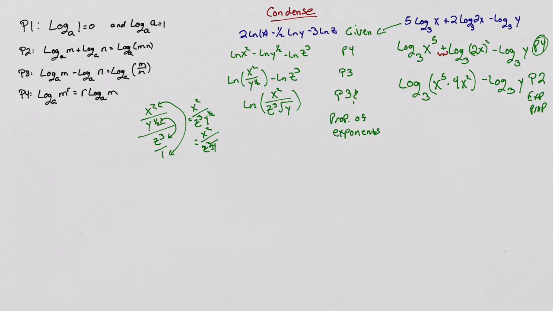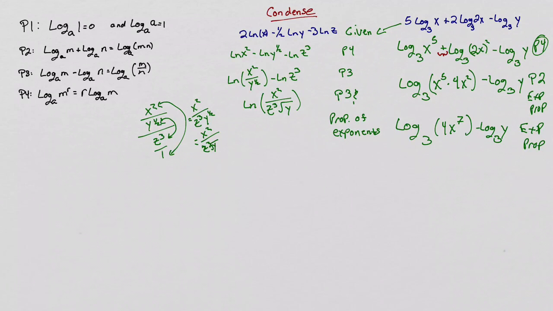Now I'm going to go ahead and simplify the inside here. And when I simplify it, it becomes log base 3 of 4x to the 7th. We still have minus log base 3 of y. And this is just exponential properties again.